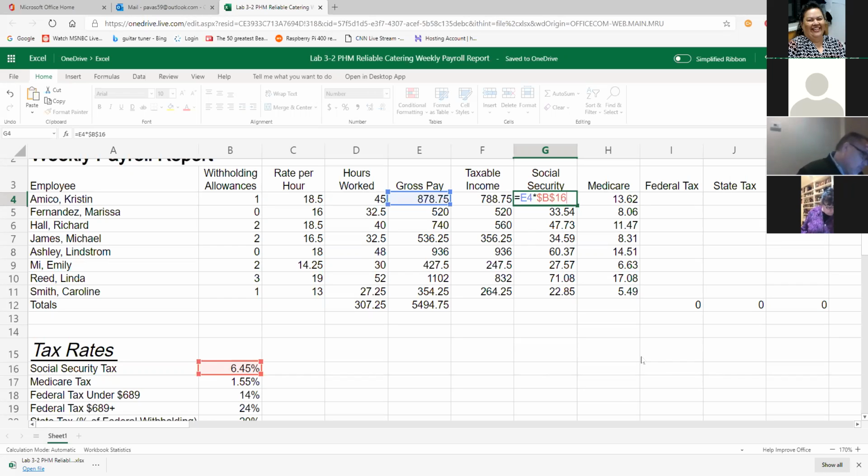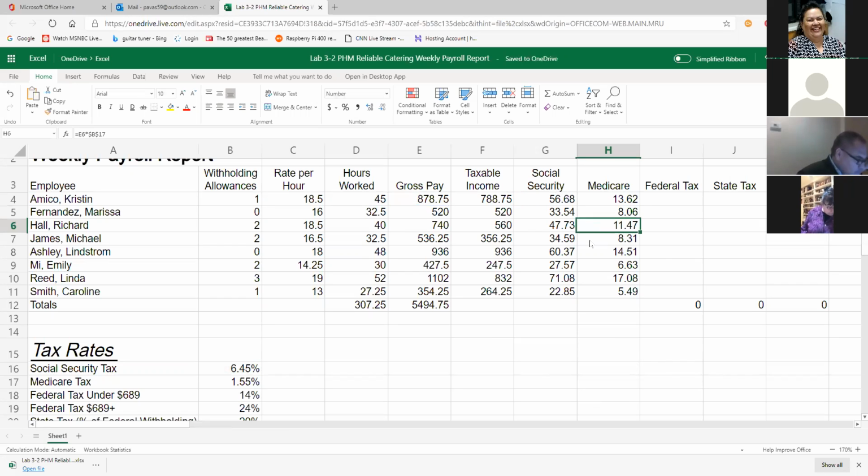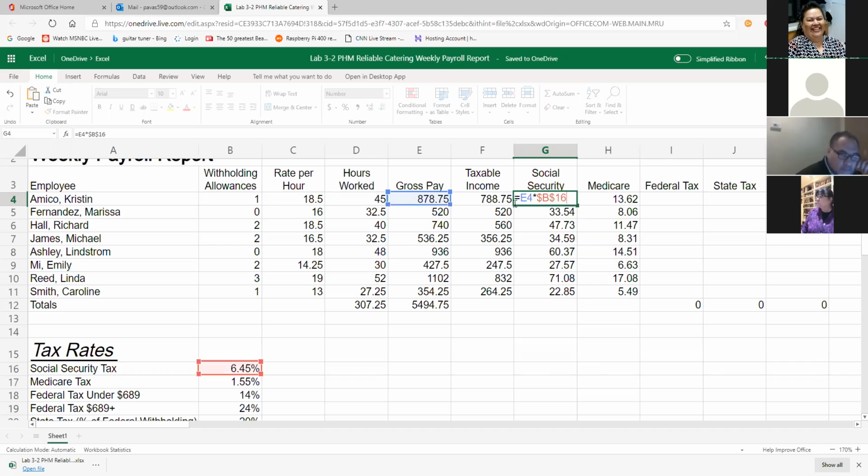Can you please see if I got the right amount, please? 5668. No, for some reason I got 42%. So what did I do wrong? So you're grabbing the gross pay E4 times the B16, which is, where's B16? Right here, the 6.45%. Yes, it has to be 6.45%.